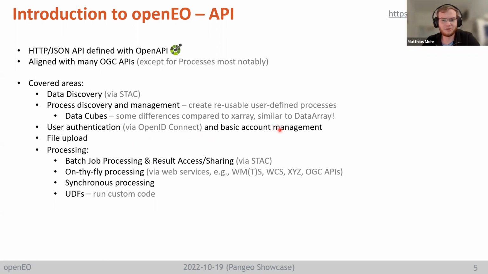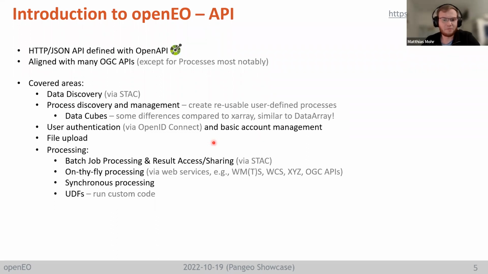That's mostly used when larger processing time is needed. You can share the results and access them via different means. They are, at the beginning, shared via STAC catalogs, and then you can do whatever you want with it, ingest it somewhere else, for example in STAC or so.